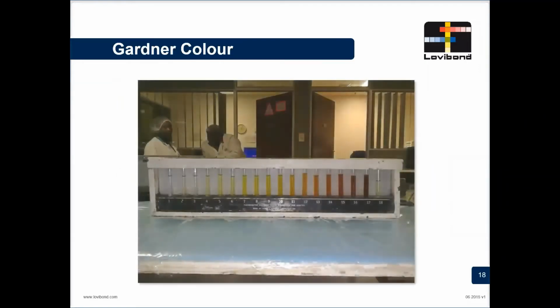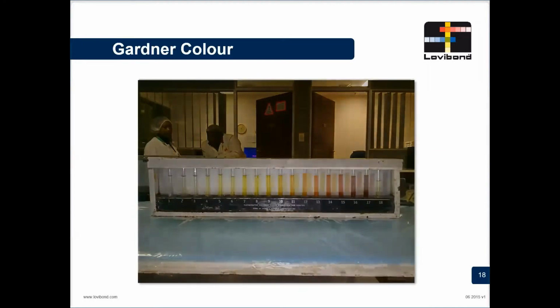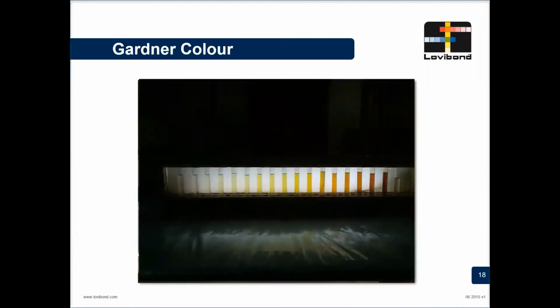Here, just for comparison, some people have put together some colors on the Gardner Colour scale, and you can light that up and see physically that these samples follow that light to dark trend in the single color scale.